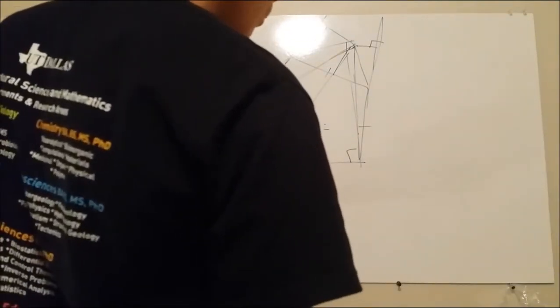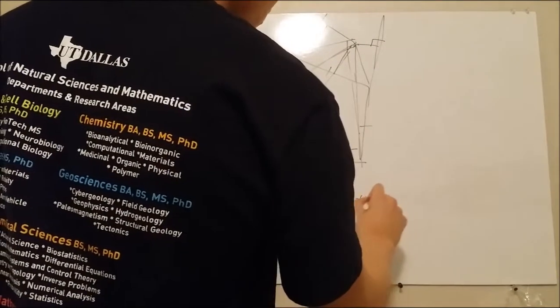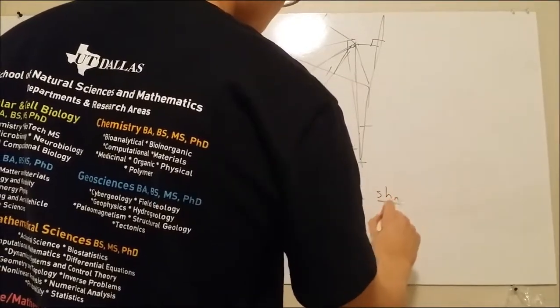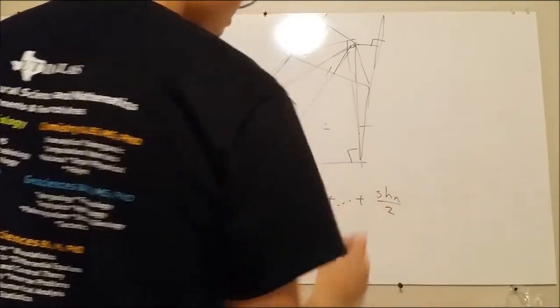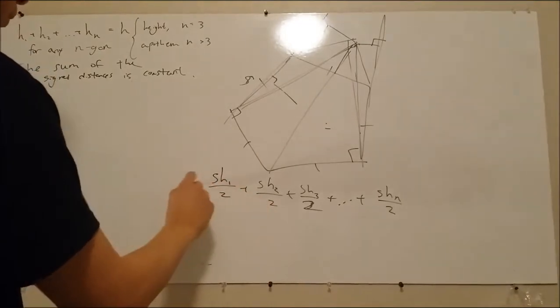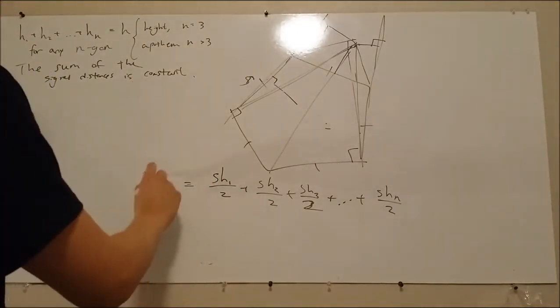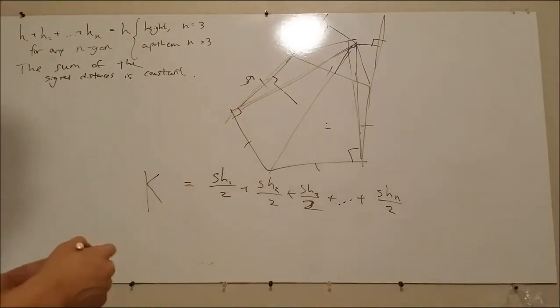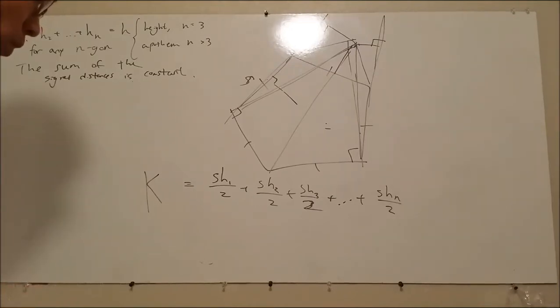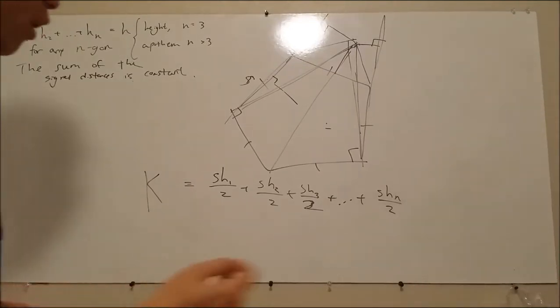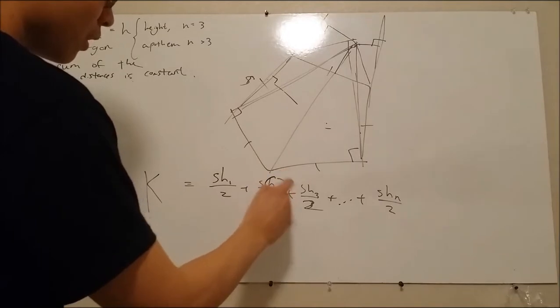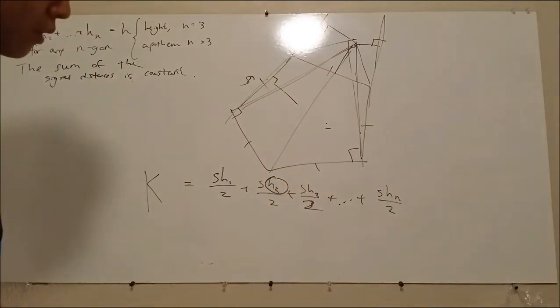In fact, this doesn't even necessarily have to be a pentagon. This can be any n-gon. So over 2 has to equal K, right? And now, since we expanded the definition, these heights don't necessarily have to be positive.